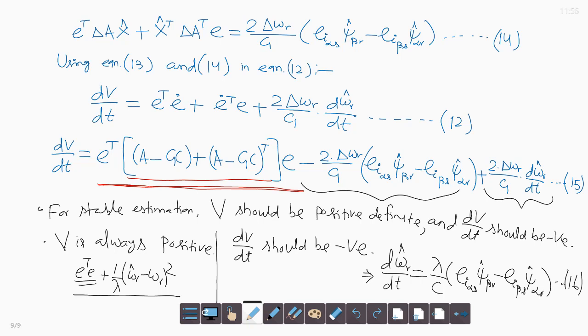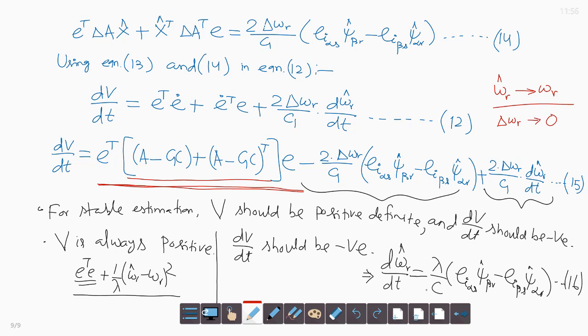And also we have to ensure the speed omega r hat should approach omega r. So, that means speed estimation error delta omega r approaches 0. How can it be ensured?